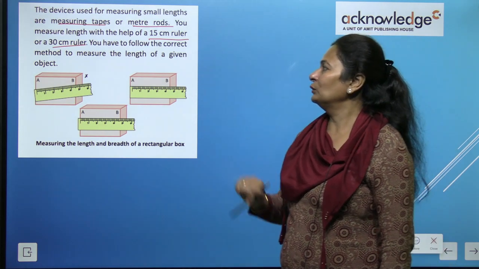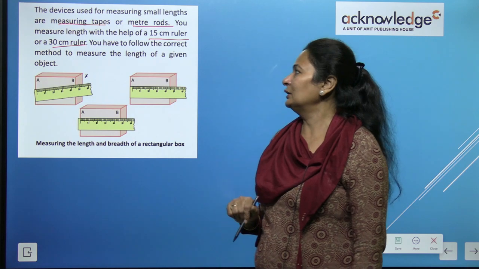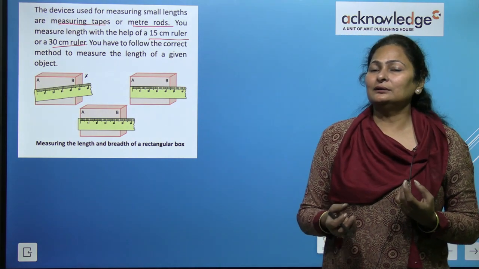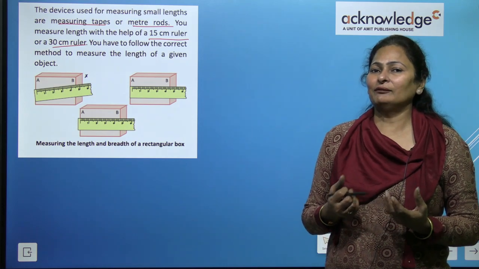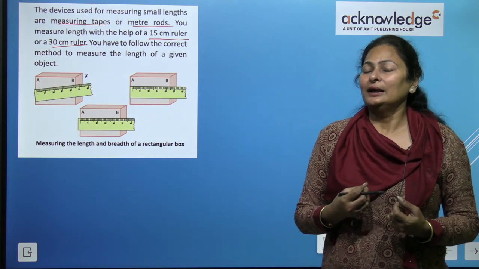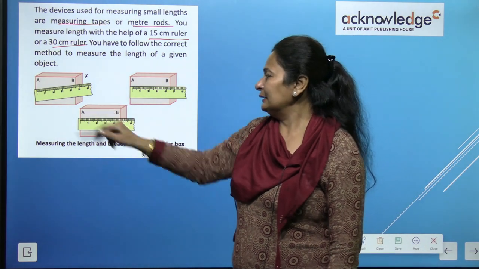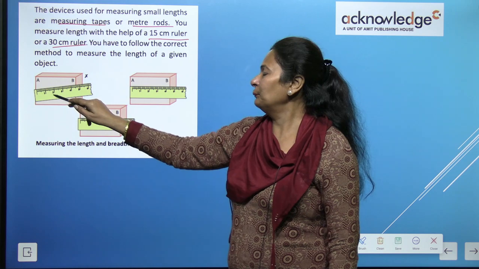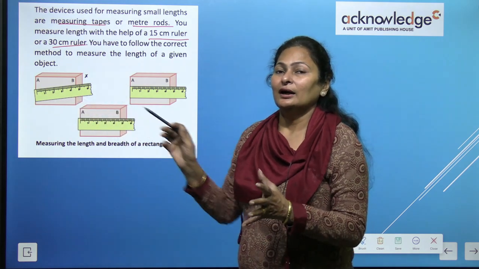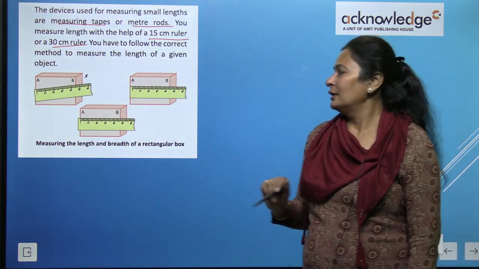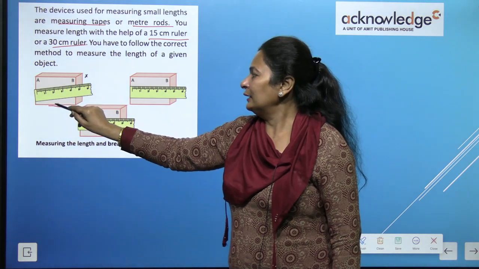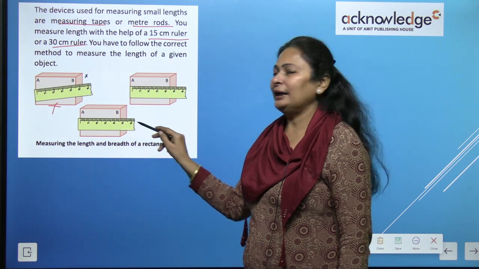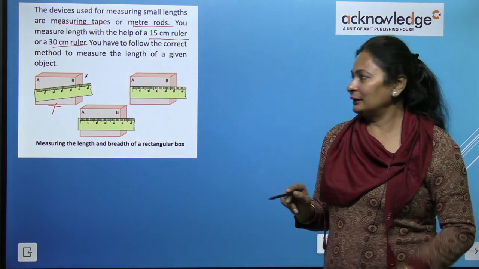You have to follow the correct method to measure the length of a given object. Again, certain guidelines have been given on how you will measure the length. So let's see, is it correct? In the first picture, a person is measuring the width of this box with the ruler. This is the incorrect way to measure because it should be in a straight line, right?